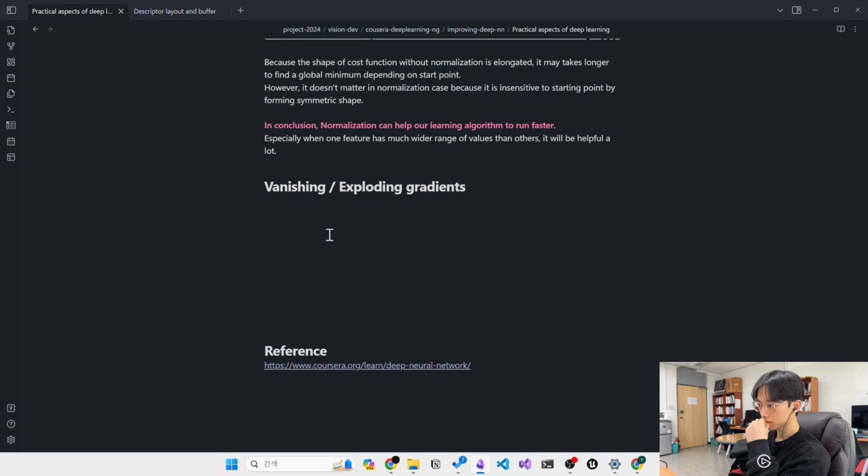So if each of your matrices is less than 1, then if, let's say, x1, x2 were 1, 1, then the activations will be 1 half, 1 half, 1 fourth, 1 fourth, 1/8, 1/8, and so on until this becomes 1 over 2 to the L. So the activation values will decrease exponentially as a function of the depth, as a function of the number of layers L of the network. So if you have a very deep network, the activations end up decreasing exponentially.